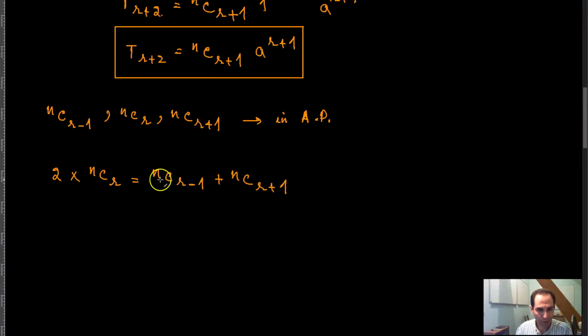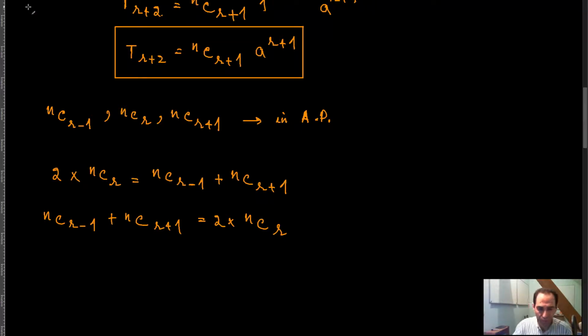Or in other words, I can write n combination r minus 1 plus n combination r plus 1 is the same thing as 2 times n combination r. That's basically the relationship that we have in this particular case between these three coefficients.